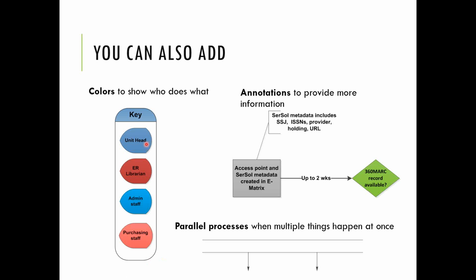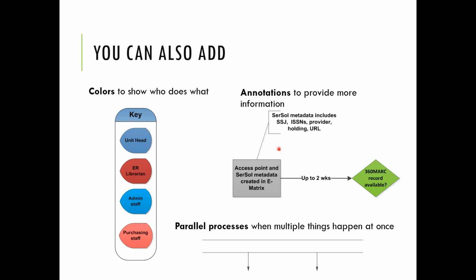The color codes can either be by role, so this example has different roles like a unit head or an e-resource librarian, or if you were dealing with either a smaller workflow or maybe a smaller workplace where you only have one person in each role, you could actually put individuals' names in here and show really who does what.